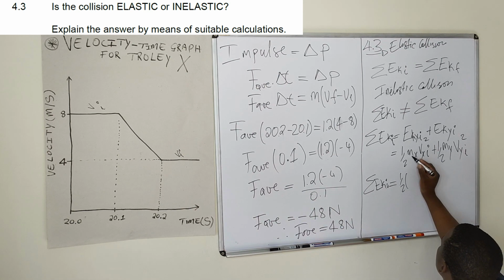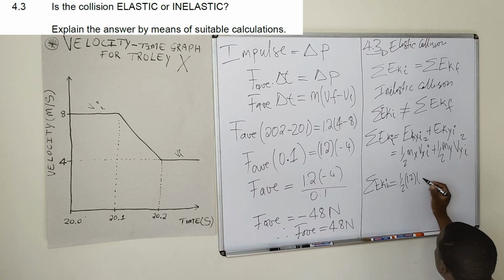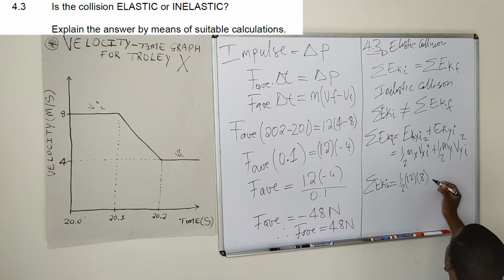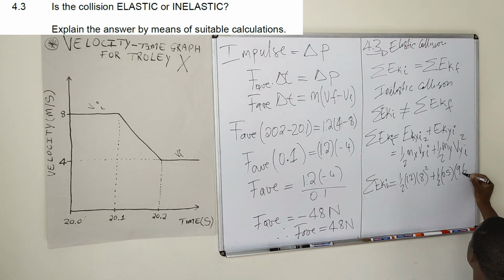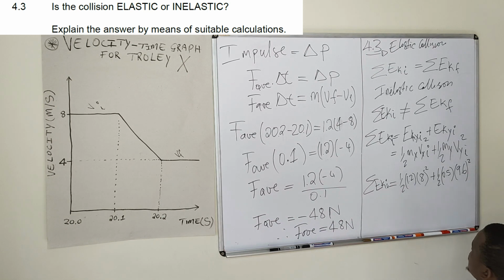Half of M, what is the M of X? 1.2. Initial velocity, what was it? It was 8 squared, plus half of mass of Y, which was 0.5, times the velocity of Y, which was 9.6, all squared.